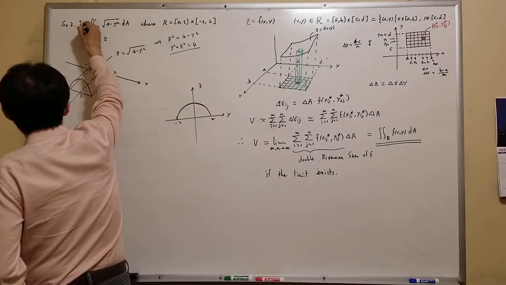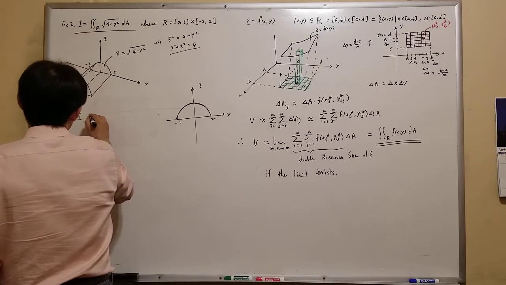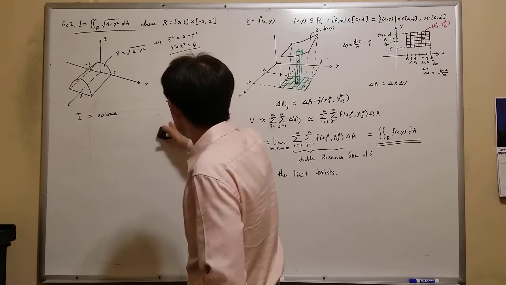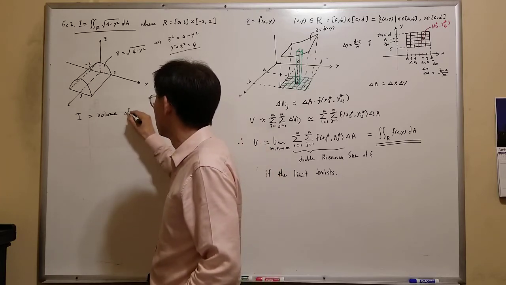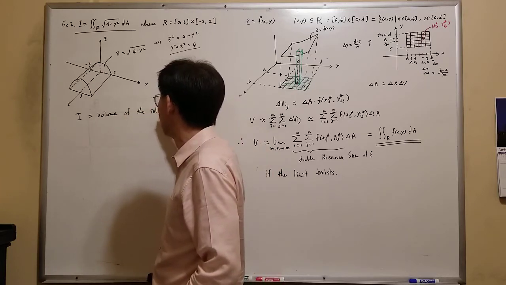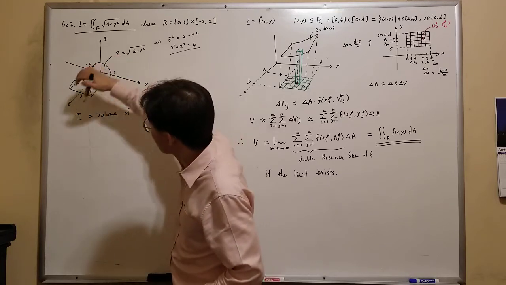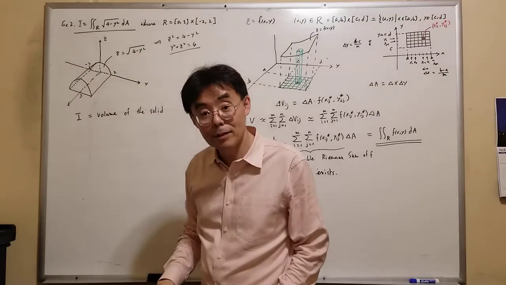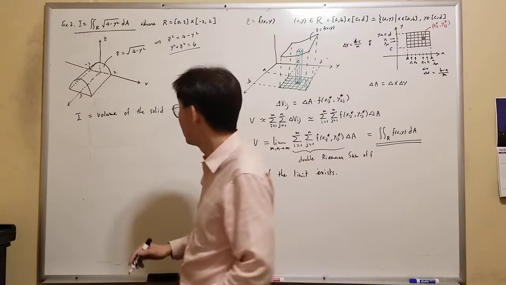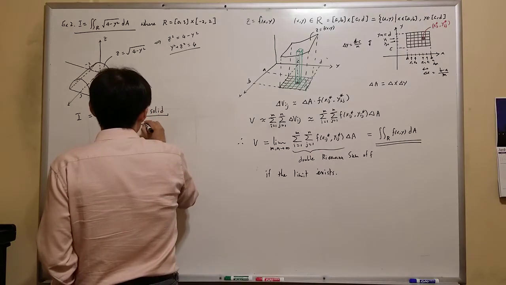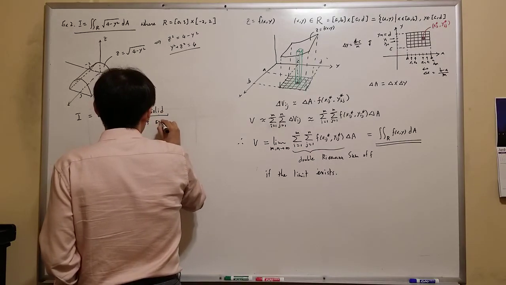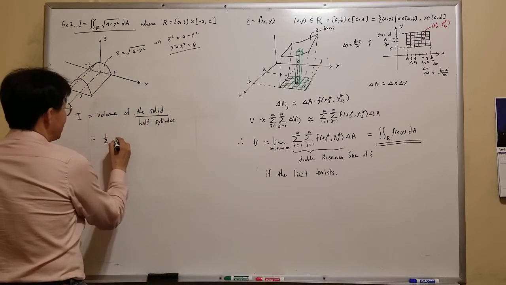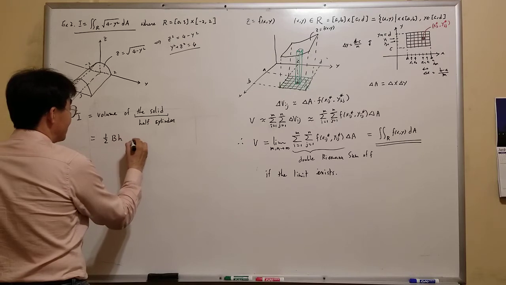So if I call this one I, it is the volume of the solid. What kind of solid is this? Semicircle extended. That's half of a cylinder, isn't it? Right? Half cylinder. So half cylinder means 1/2 times base area times height.